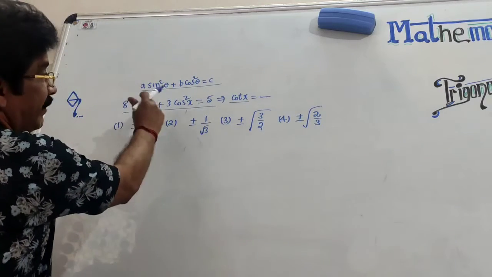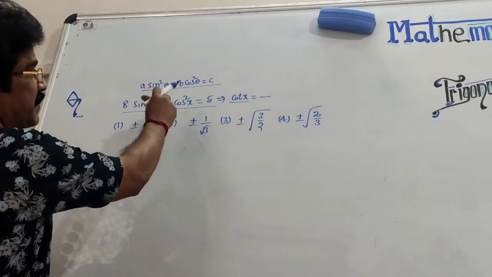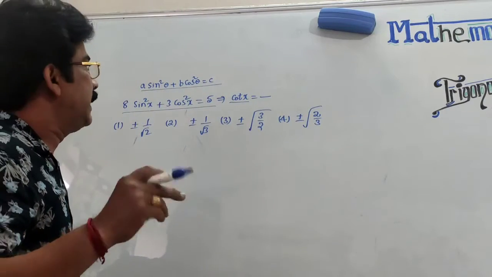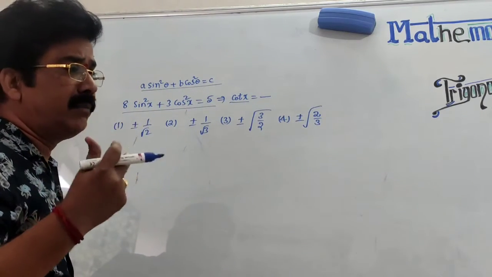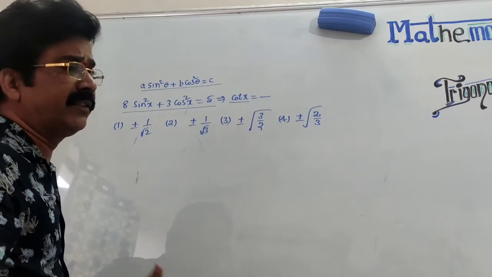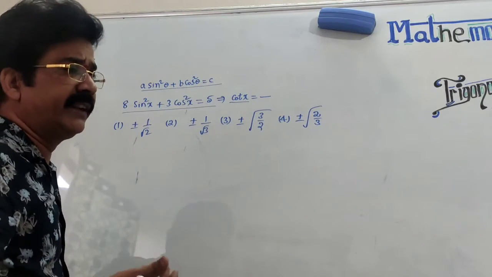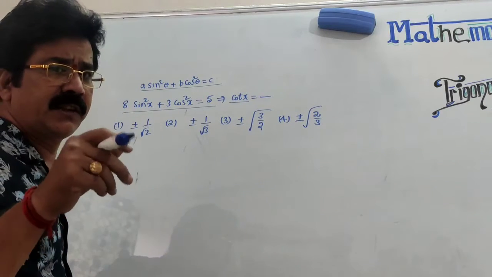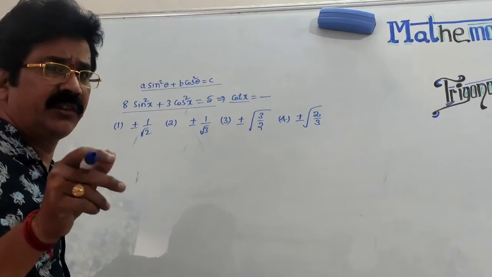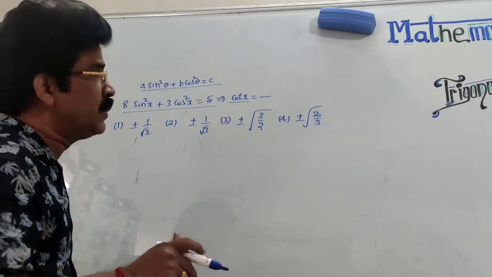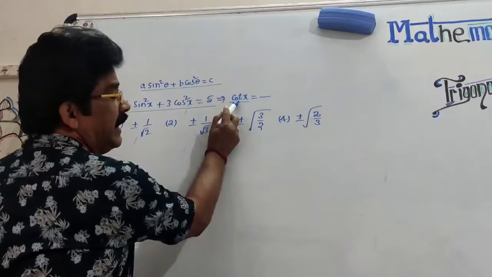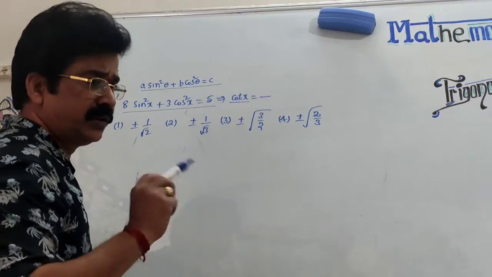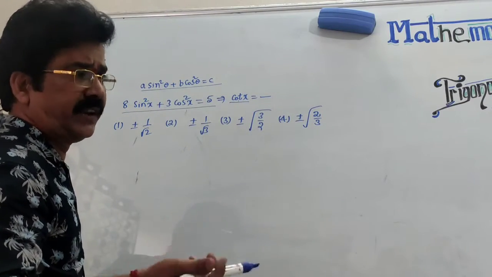If the condition is of this form, then we can create 6 questions, meaning find tan x or cot x, sin x, cos x, secant x, cosecant x. Already we know the 6 different trigonometric functions. In this question, especially, he asked cot x. The question may be tan x or sin x, just like that.